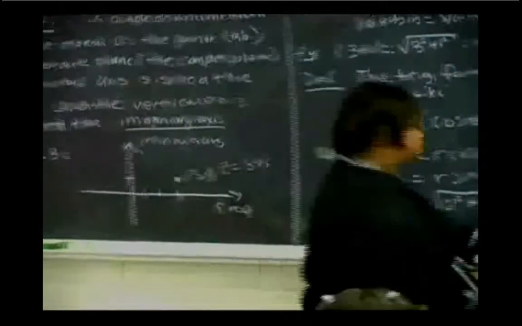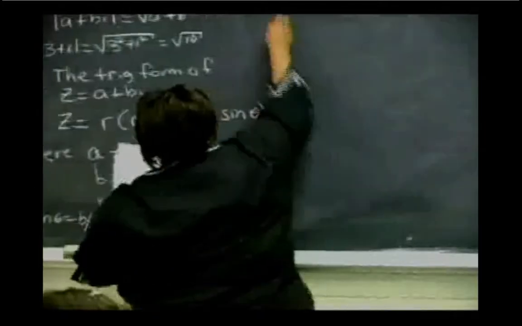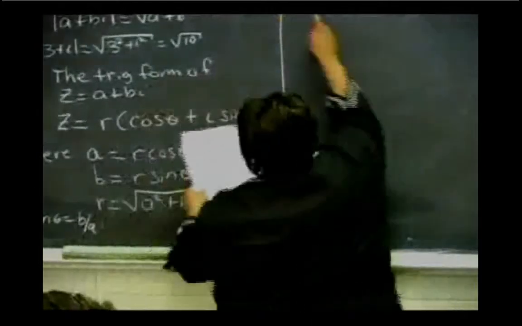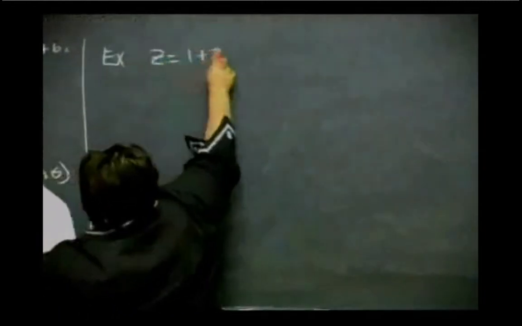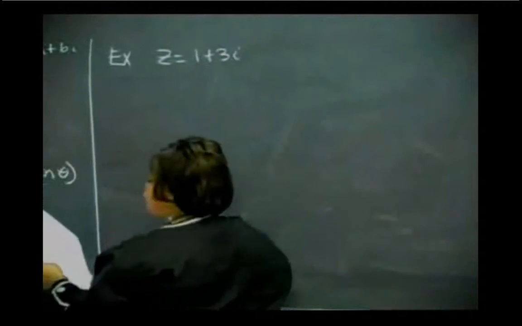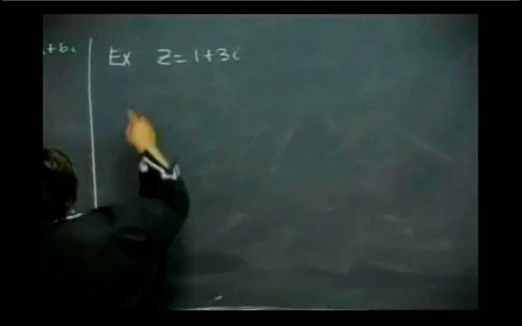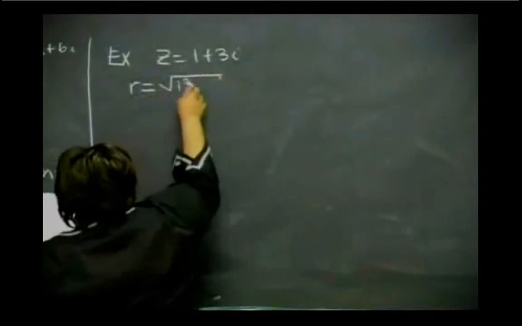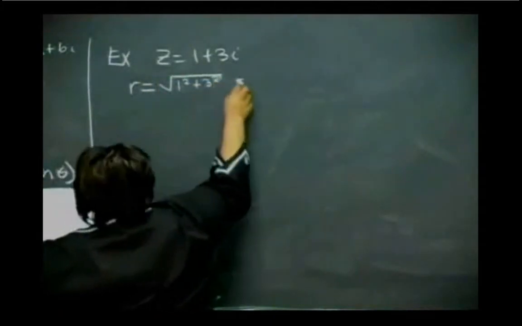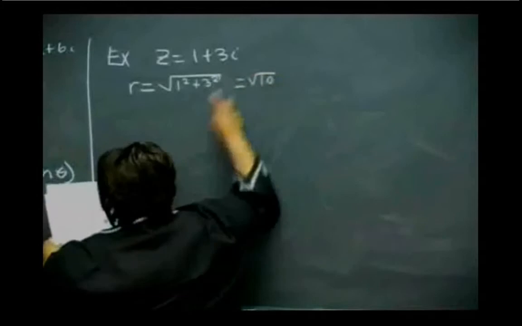Let's look at an example. Let's find the trigonometric form of 1 plus 3i. We first need R. R is the square root of 1 squared plus 3 squared, which is the square root of 10. Let's find theta.